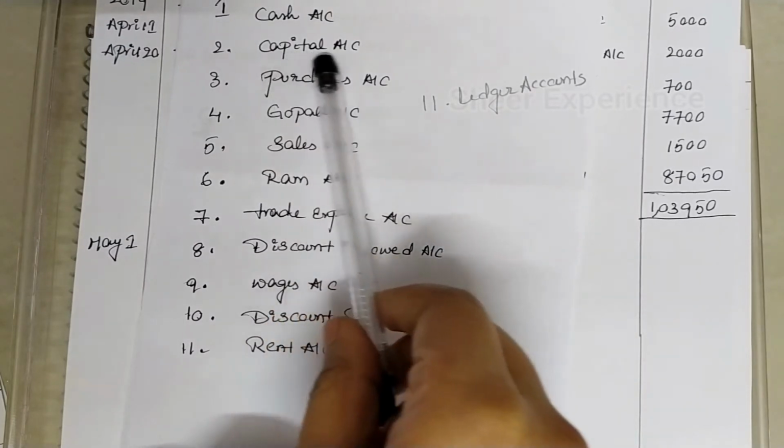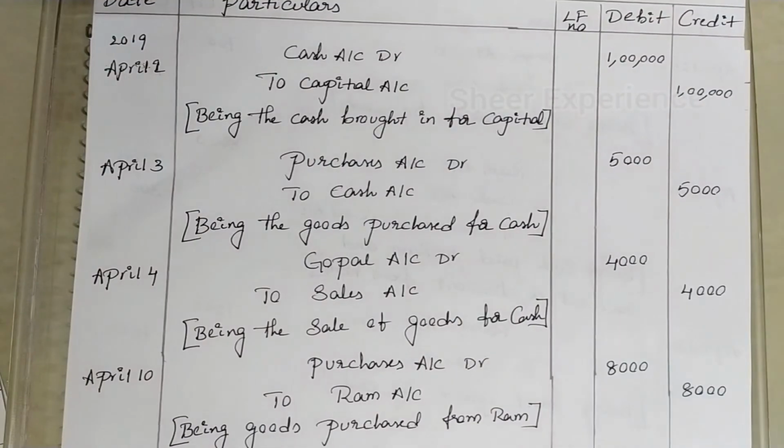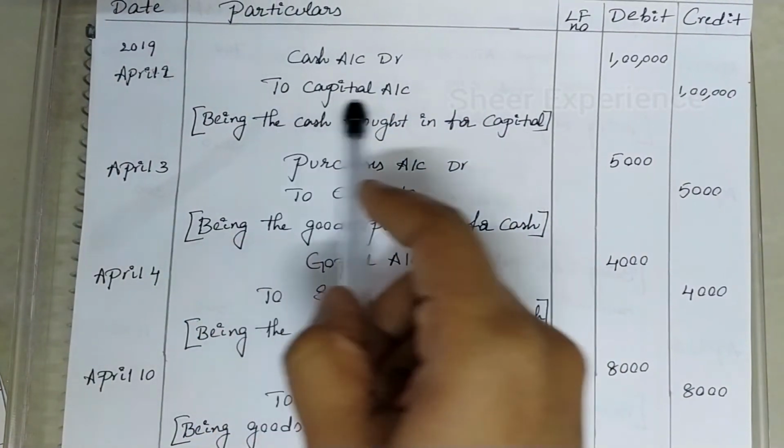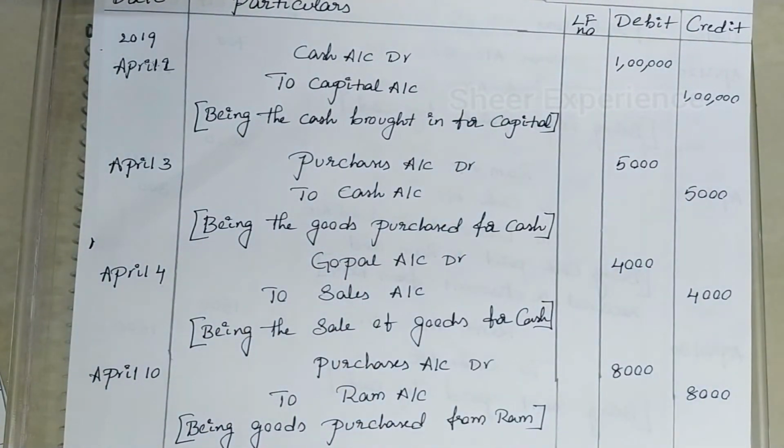Our next account is capital account. Now we will prepare the capital ledger account. In the journal, cash is debited. So we will mention it on the credit side in the capital ledger account. Like how we have balanced cash account, we will balance the capital account also in the same way.